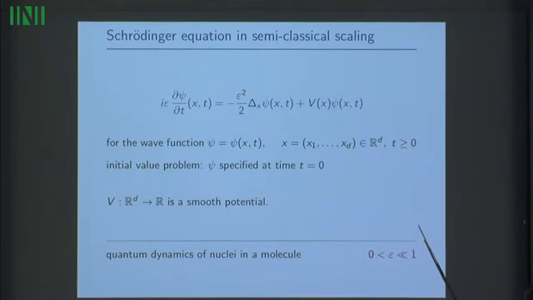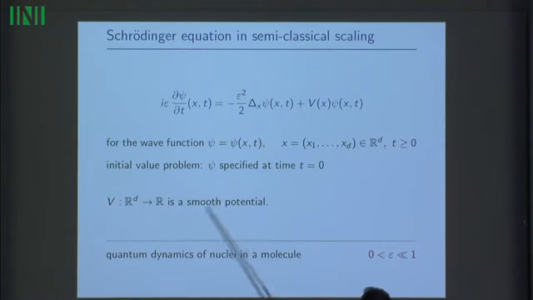And if you make such a reduction, which is called the Born-Oppenheimer reduction, then you end up with a Schrödinger equation which has a smooth potential, or at least I think there are theoretical results that it is at least 4.5 times continuously differentiable, say 4 times or 5 times.